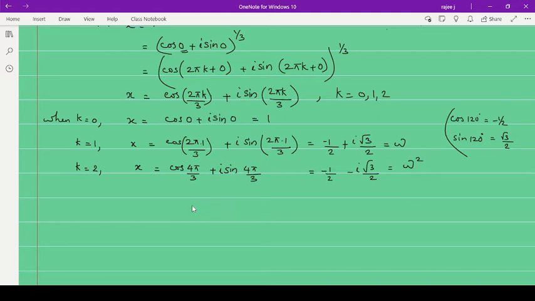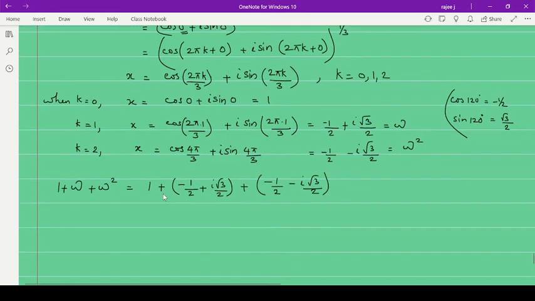Now you just do 1 plus omega plus omega square. Just check and see what you are getting. 1 plus omega, where omega is minus half plus i root 3 by 2, plus omega square, which is minus half minus i root 3 by 2.